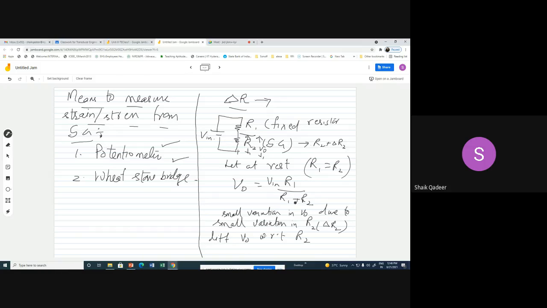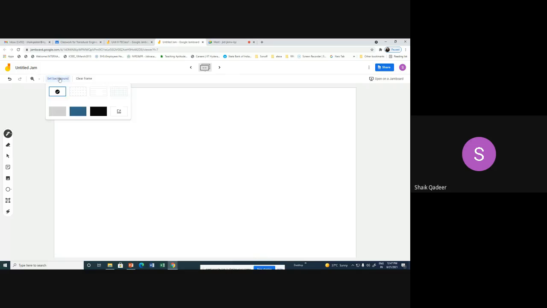But for small variation in R2, it is not advisable. For that, we differentiate this equation with respect to R2 and use that relation in order to sense the small variation in R2. Hope it is clear to everybody. Can I move to the next page?